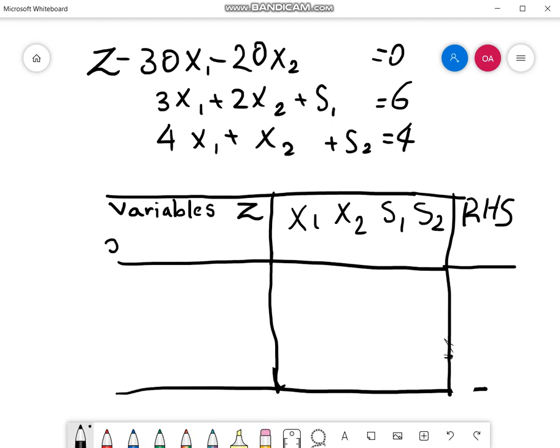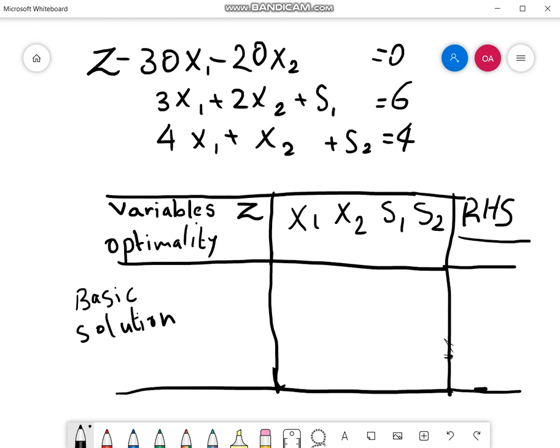Then we have here the optimality condition. This will tell me if I have reached my optimal solution or not yet. Here we're going to readjust the basic solution. Whatever variable we have here, it's only that variable having the solution. Other variables are considered non-basic with 0 values. So here we only put the coefficients of our equations.